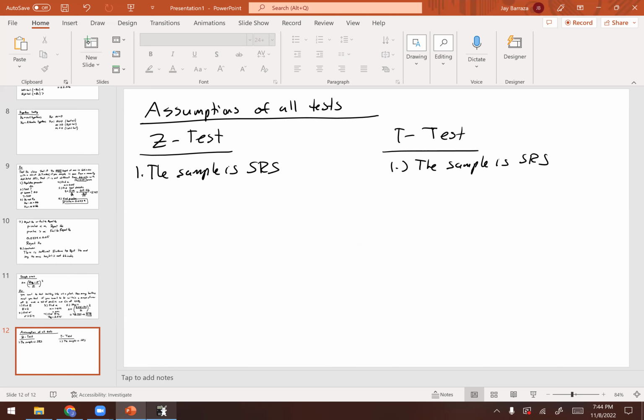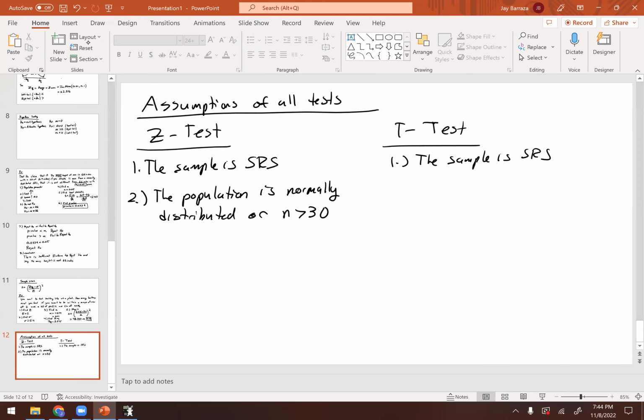I promise you, every single test has that first condition. Number two, the population is normally distributed or n is greater than 30.